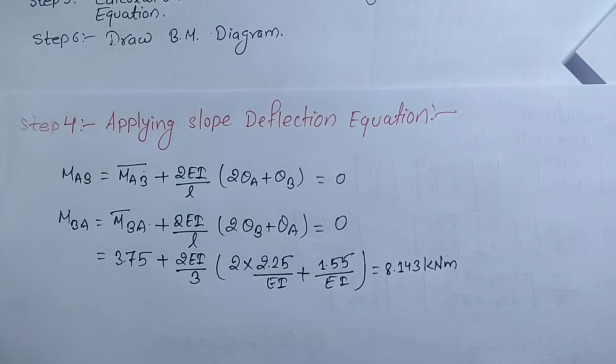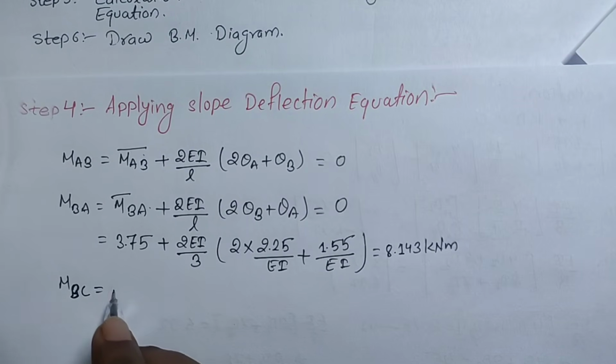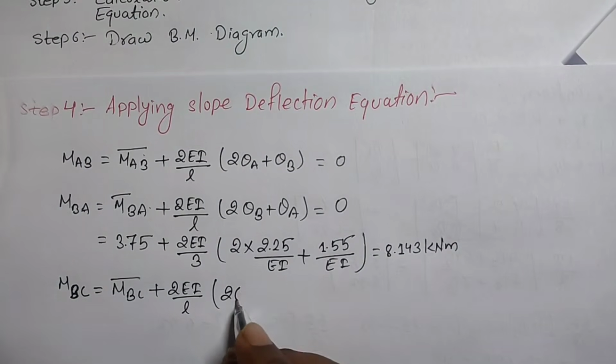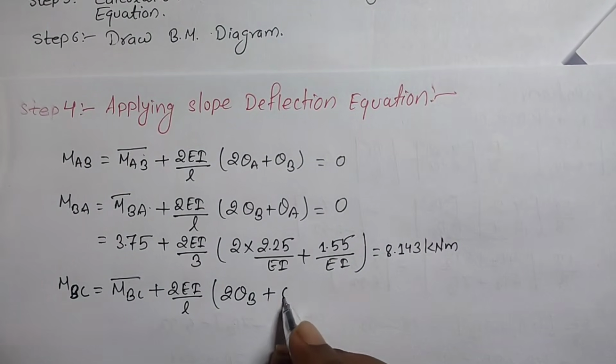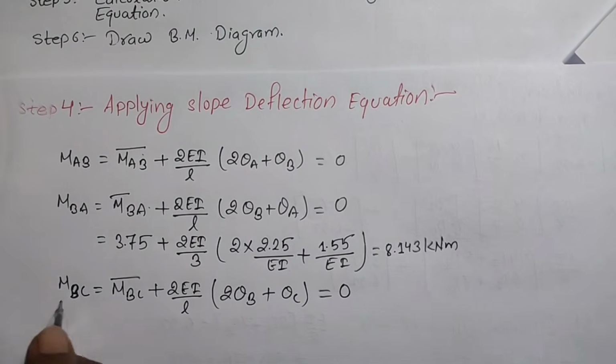Now guys, applying the slope deflection equation for span BC, MBC equals fixed end moment MBC plus 2EI by L times (2 theta B plus theta C) equals 0. This is the fixed end moment at point B for span BC.